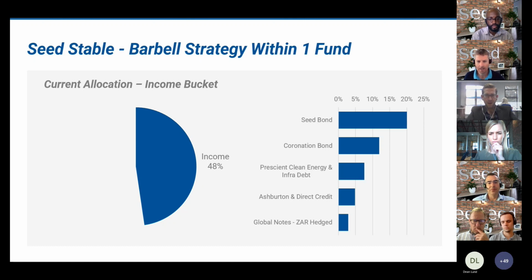So this component allows us to access global markets, but delivers a nice rand yield. Given that these notes all have strong capital covenants or protections in them, we expect to generate high teen yields out of this, and therefore put these notes with the income bucket.